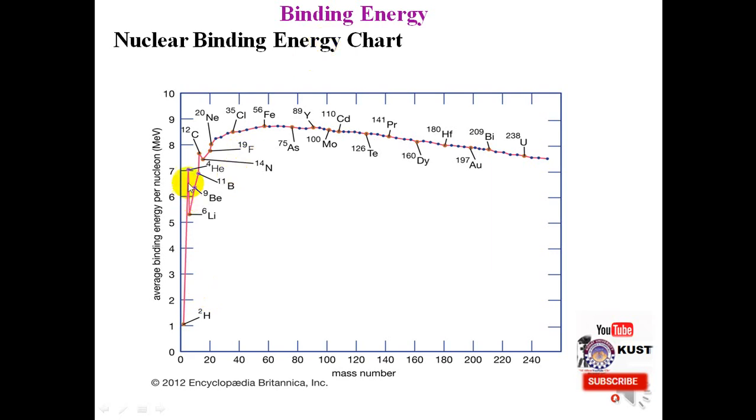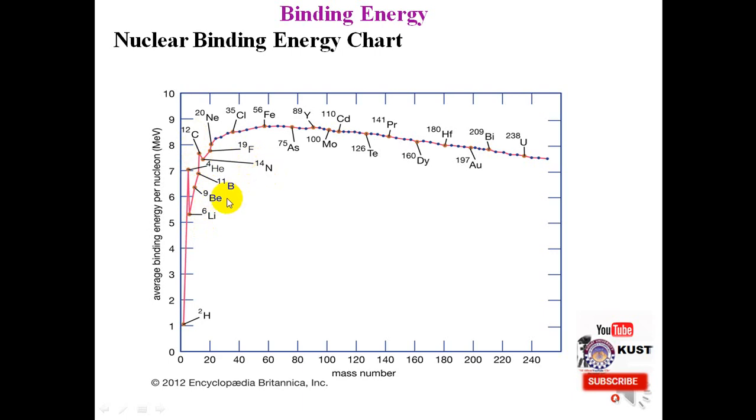However, look at helium and carbon. The helium binding energy is much higher than the neighboring nuclei. For example, helium binding energy is higher than lithium, beryllium, boron, and similarly carbon binding energy is higher than nitrogen.